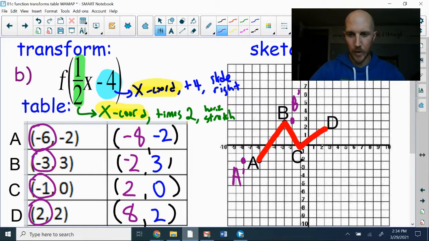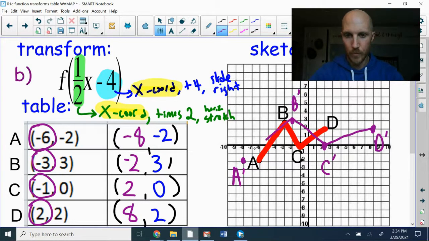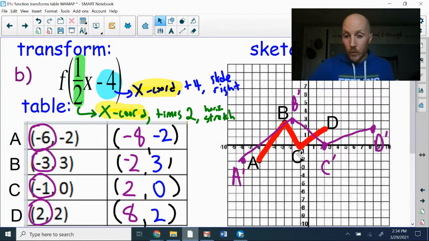C prime is going to be at 2, 0. And D prime is at 8, 2. Okay, so this is what our graph looks like. So I've done the whole problem here. I got my new coordinates, I listed my coordinates in the table, and I've got the graph sketched over here.